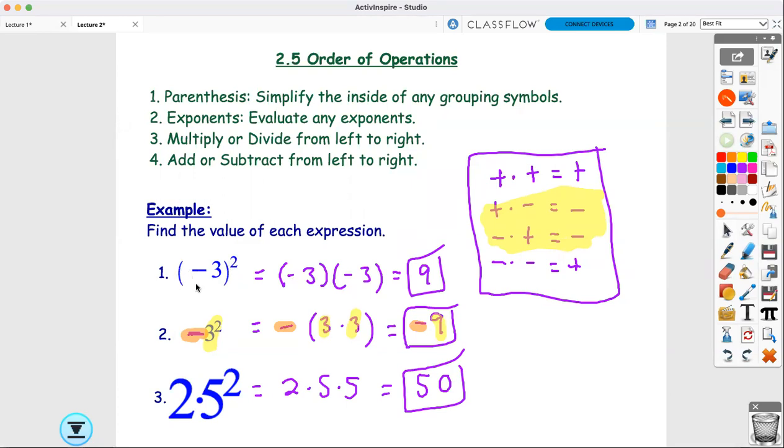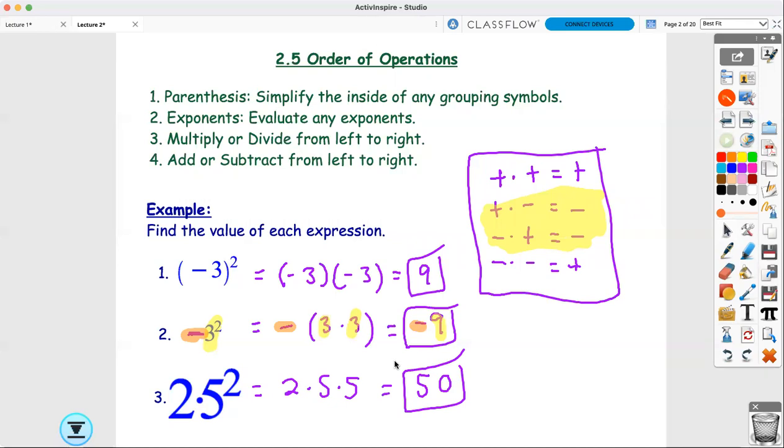The parentheses will be there to tell you we're going to square this negative number. Whereas number 2, this 3 squared is going to be negative at the end, but there's no parentheses. So when you see parentheses, you apply step 1, and when you don't see parentheses, you apply the logic behind number 2.